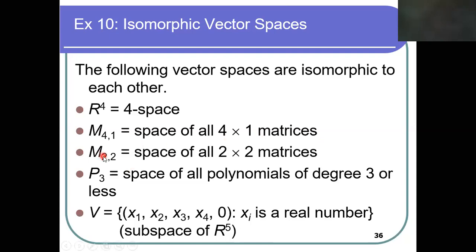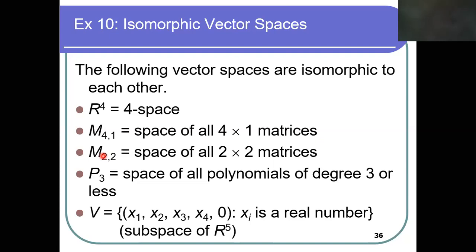Then the space of 2 by 2 matrices. As in my lecture on dimension and basis, we took 2 by 2 matrices consisting of 4 basis matrices that span the whole space of 2 by 2 matrices, which are 1 0 0 0, then 0 1 0 0, then 0 0 1 0, then 0 0 0 1.